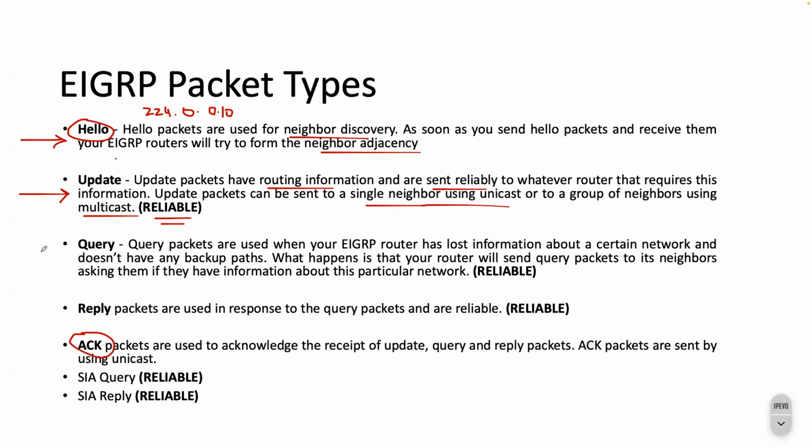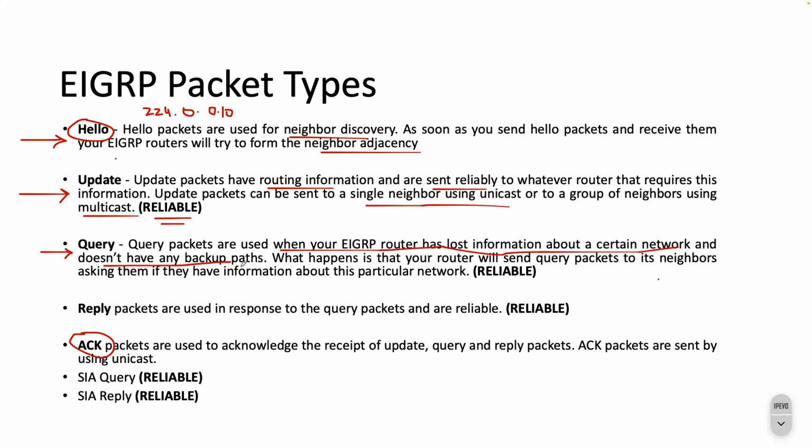Query packets I'll explain in detail when we do the stuck in active scenario. When your EIGRP router has lost a route about a certain network and does not have any backup path, where does the backup path come from?